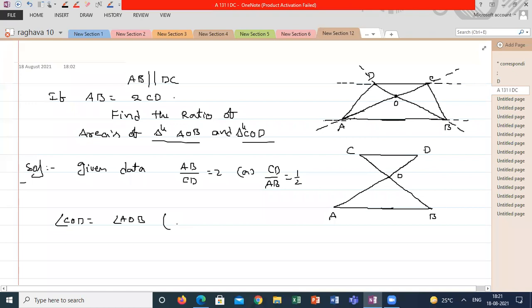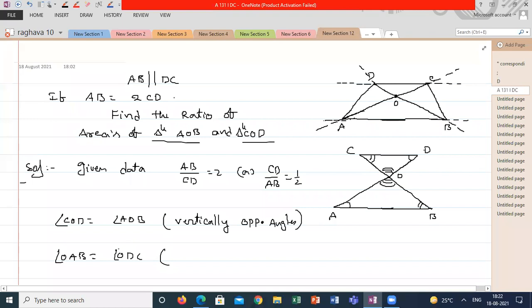What are they? Vertically opposite angles. And I can write angle OAB will be equal to angle ODC. This angle will be equal to this angle. These are the vertically opposite angles.